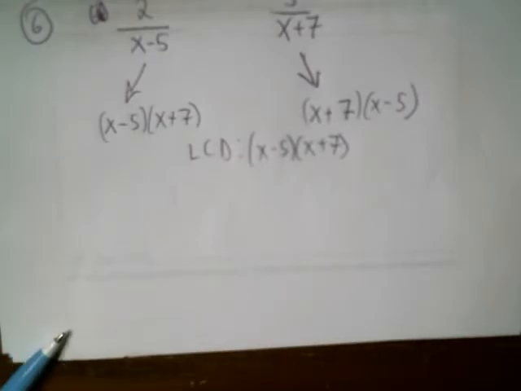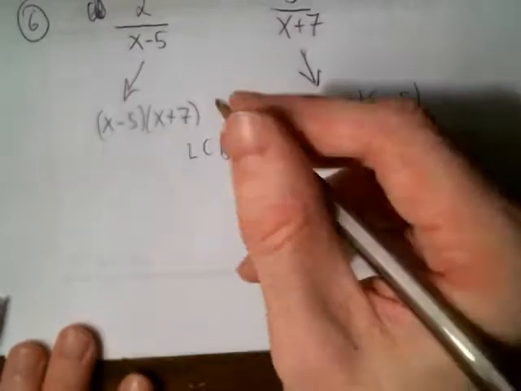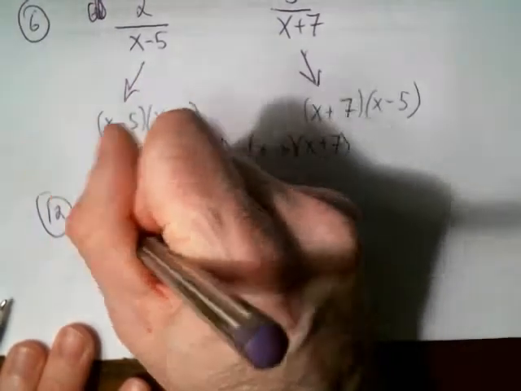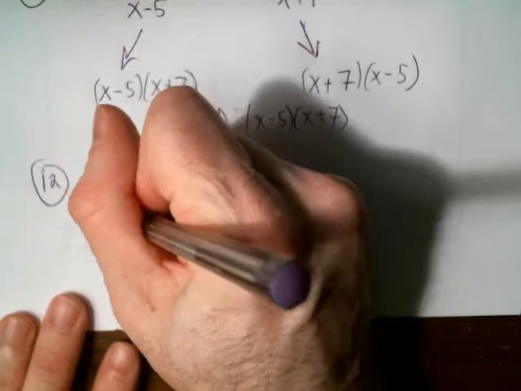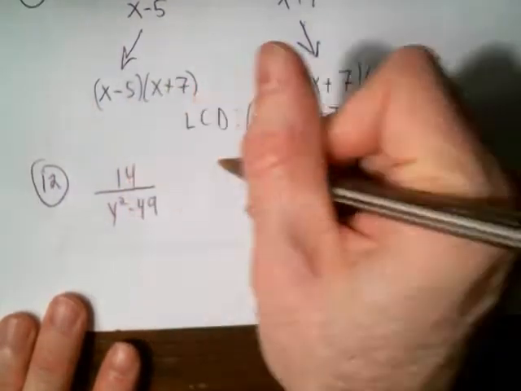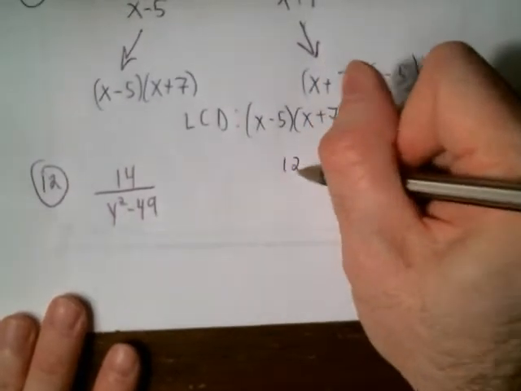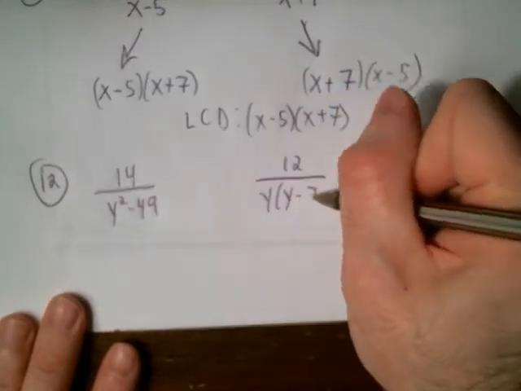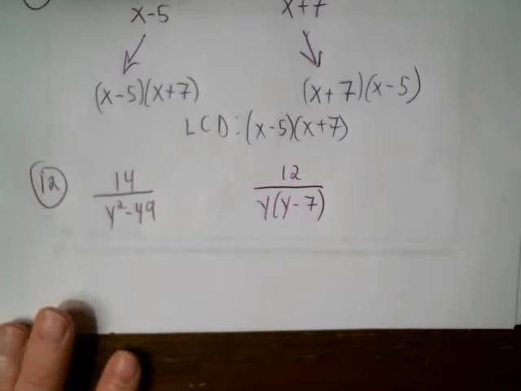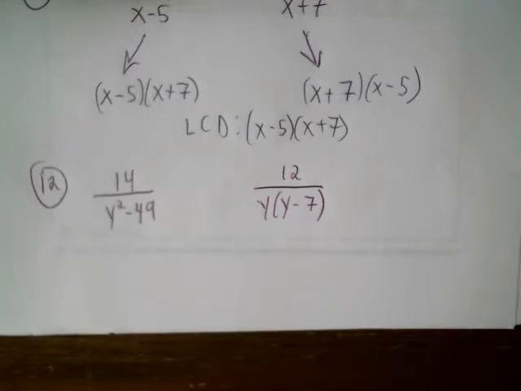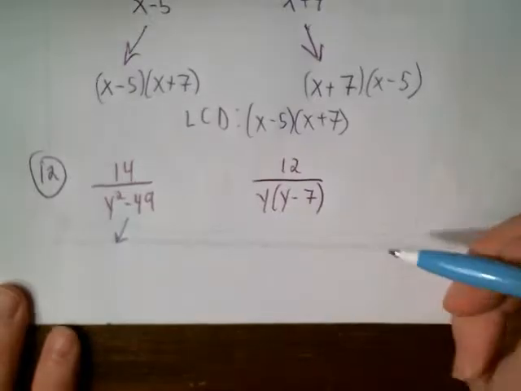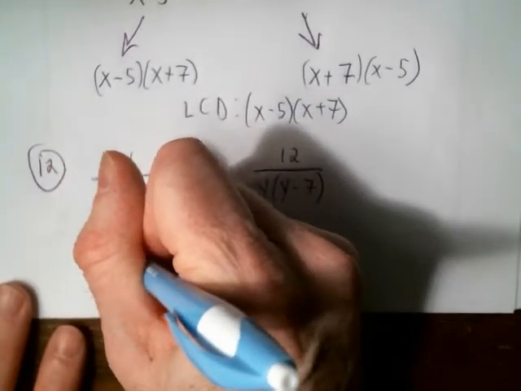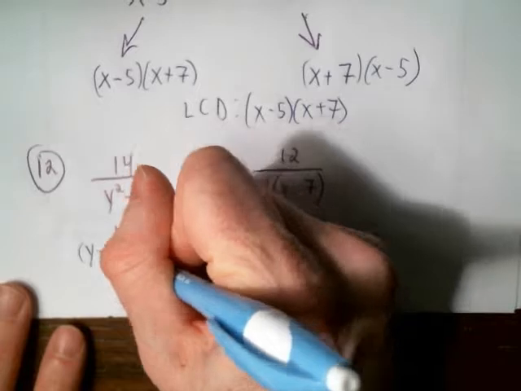Okay, that was a little easy. Let's look at one where the denominators are not factored. Number 12, 14 over y squared minus 49, and then 12 over y times y minus 7. I factor. Y squared minus 49 is a difference of squares, so that'll be y minus 7 times y plus 7.